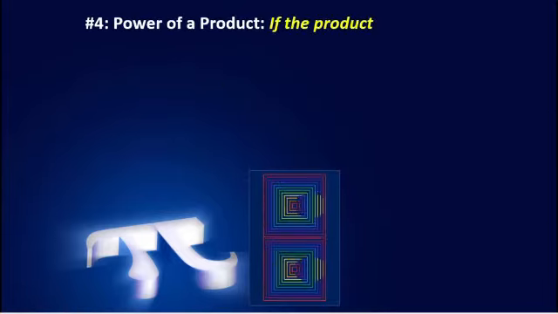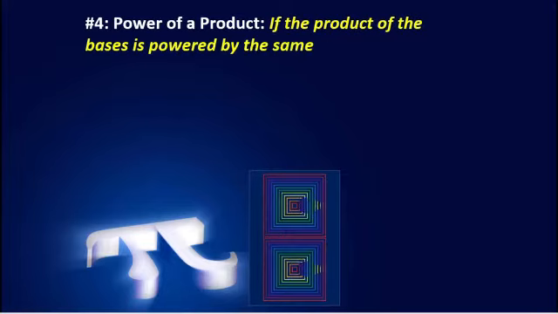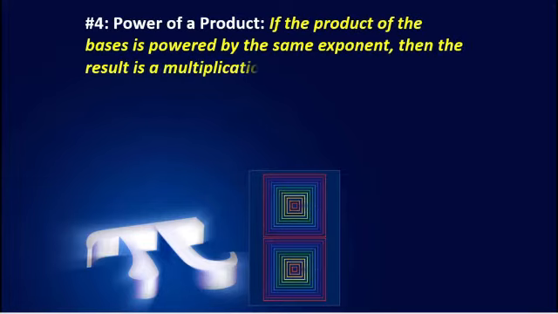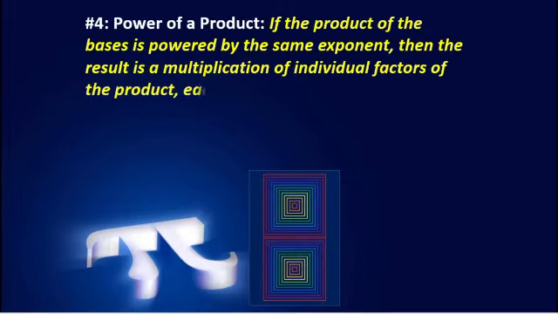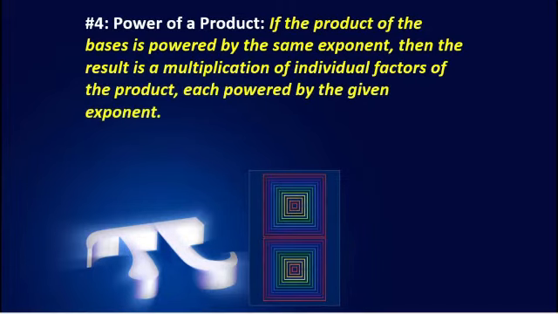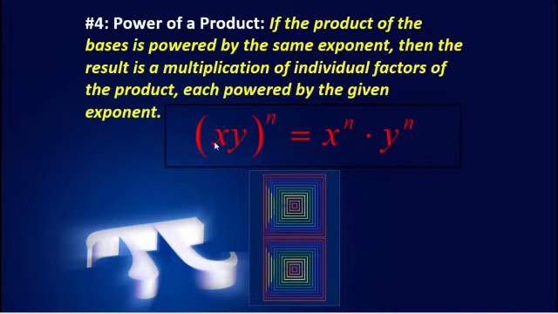Power of a product. Sabi dito, if the product of the bases is powered by the same exponent, then the result is a multiplication of individual factors of the product, each powered by the given exponent. In representation, if we have quantity xy raised to the n, so pag meron tayong different elements sa loob ng quantity, tapos may exponent sa labas, i-distribute lang natin yung exponent to each element na nasa loob ng quantity.